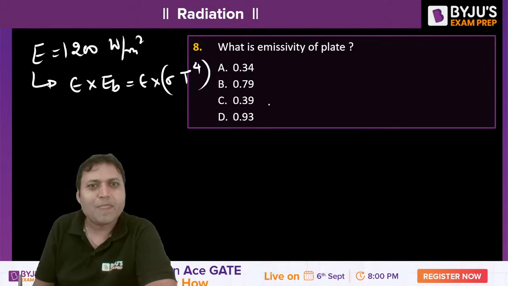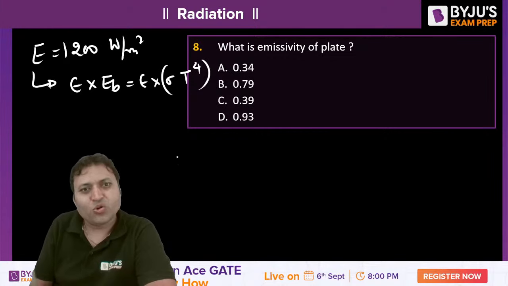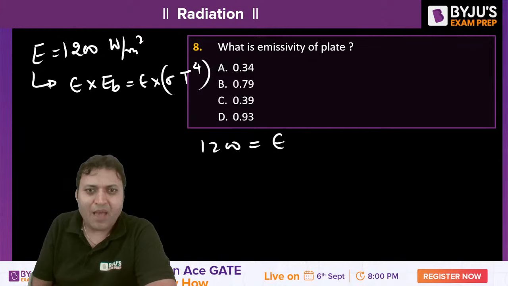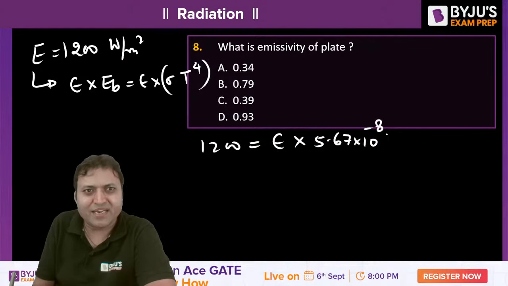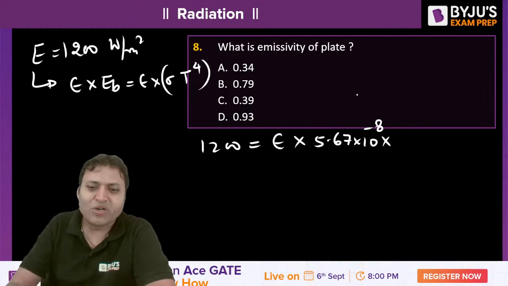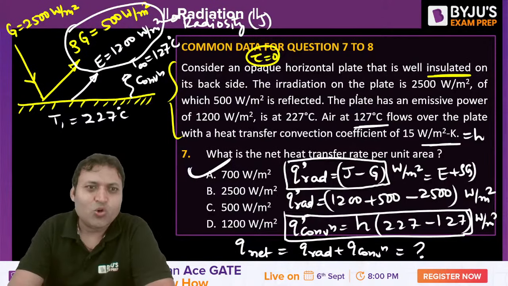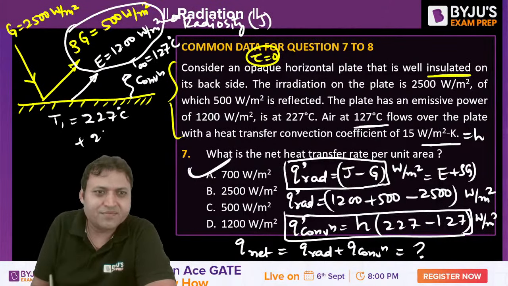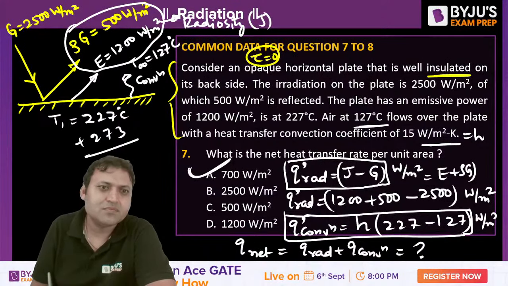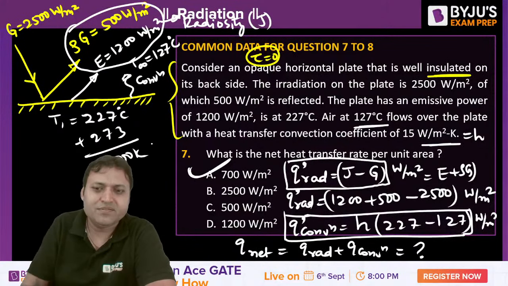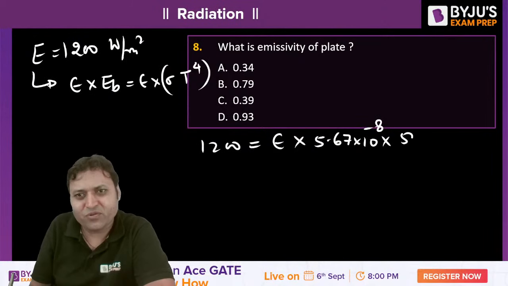Put the values. So 1200 is equal to emissivity into 5.67 into 10 to the power minus 8 into T, the absolute temperature. What is the absolute temperature? 227 plus 273, 500 Kelvin. It will be 500 to the power 4.